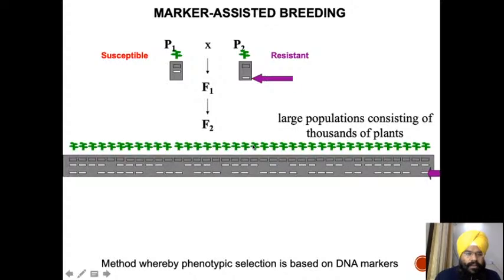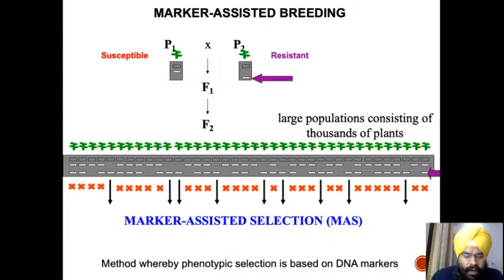Here you can see that for P1 and P2 both markers are coming up, but in this case not. In this case only P1 markers are coming, but in this case we see P2 markers are coming. So that means we will select this one. The same goes for this one, and this one, and this one. That's how we select our breeding plants, by looking at the markers.